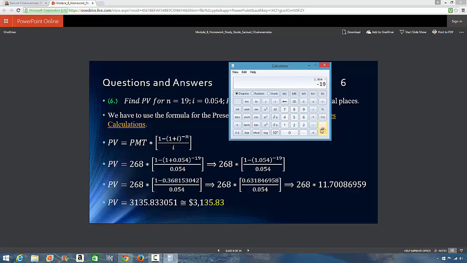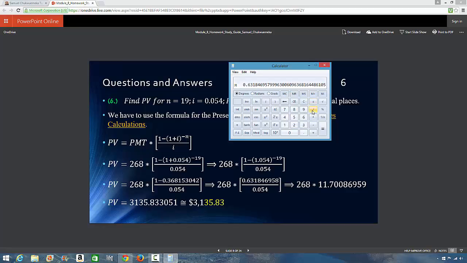So equal to. Okay. Then if I don't want to write this down, I save it in memory. I press M+ to put it in the memory of the calculator. And then I now do 1 minus, recall the memory, equal to. So you see, I'm doing this step by step so that I don't miss anything.